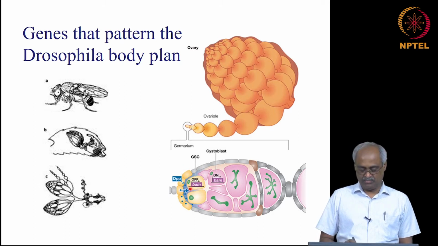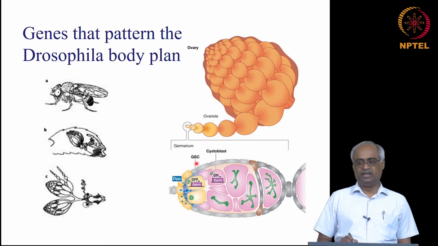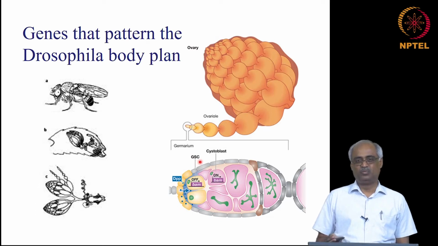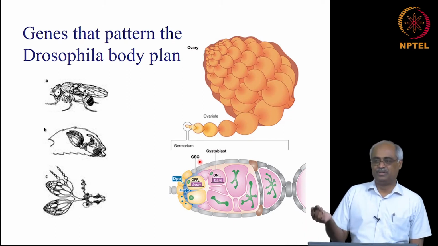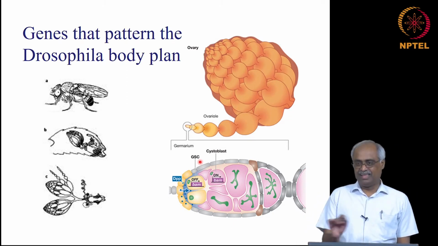One cell is going to be made closer to this. This area we are going to call the germline stem cell niche, N-I-C-H-E. Niche is one pronunciation, this need not be the only correct pronunciation, different people say it in very different ways, and all of them are accepted.